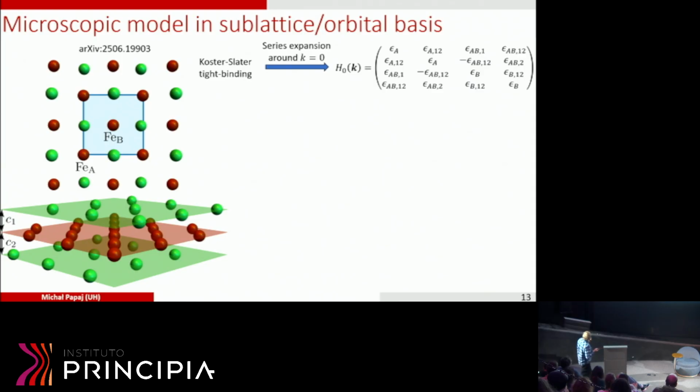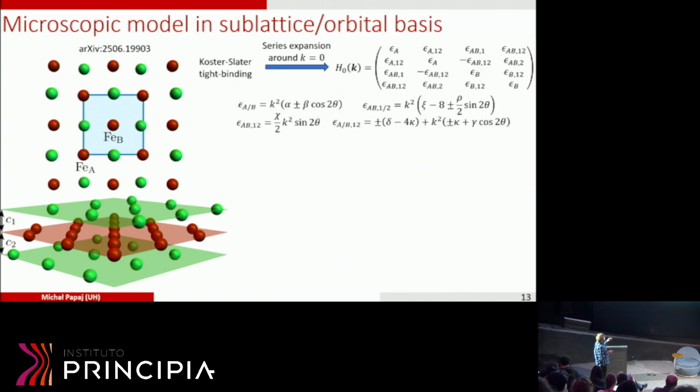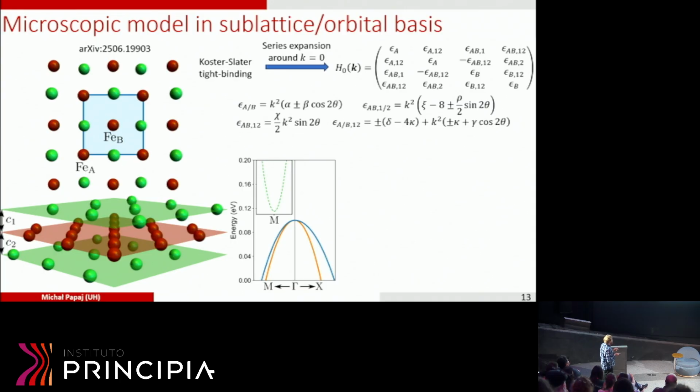But what we are assuming is that there is a breaking of this glide mirror symmetry, so that we can have a difference between C1 and C2 in those two cases in this model. So we can get this model. We can have multiple parameters because we allow for this additional symmetry breaking. What is important is that we will have those two bands around the gamma point.